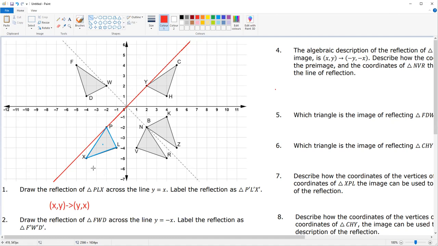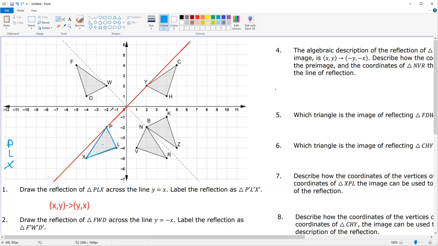All right. So let's go ahead and start our points. So we have P, it's supposed to be blue. Let's make it better here. So we have P, L, and X. And let's make sure we get our points right.